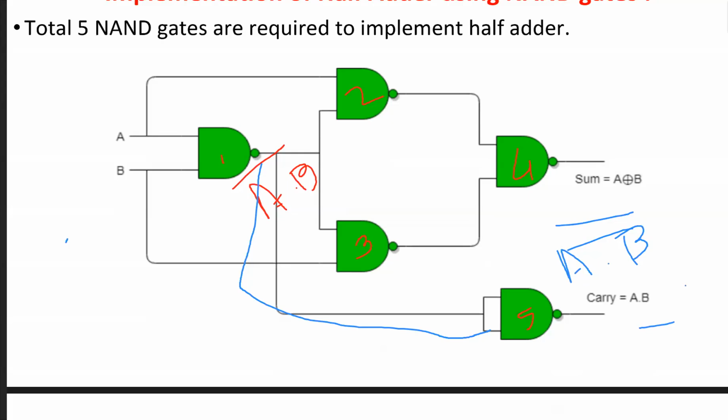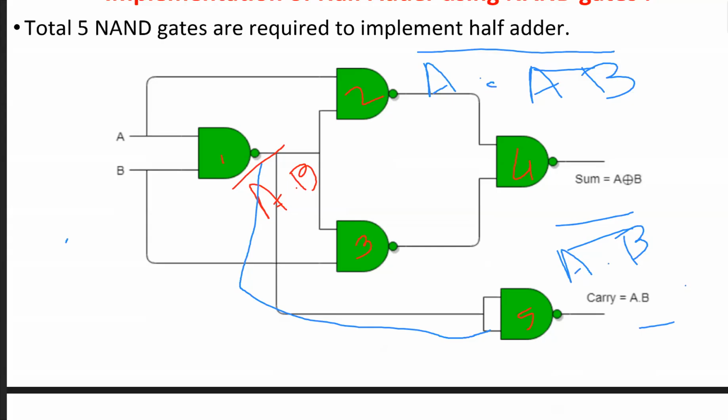So here you have A dot (AB) whole complement, and we get this as X.